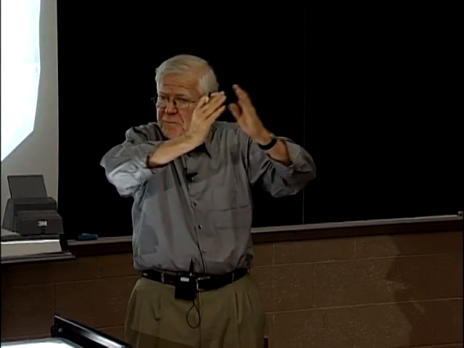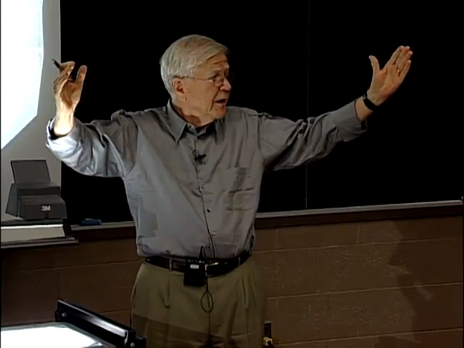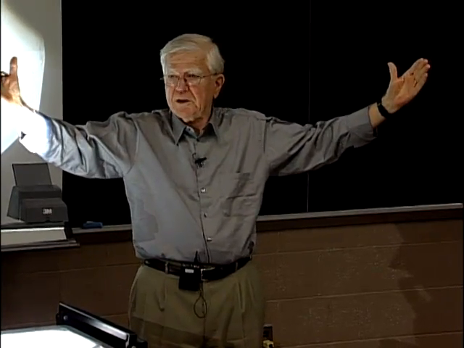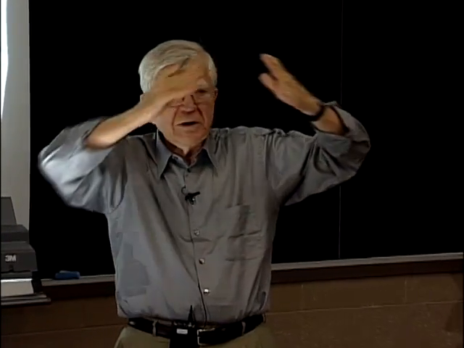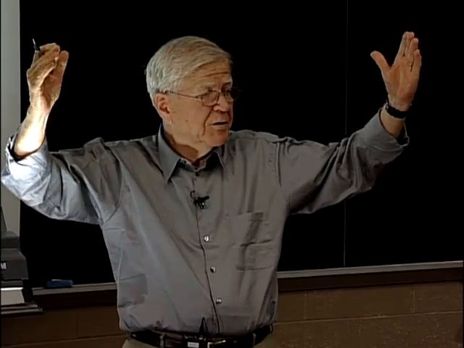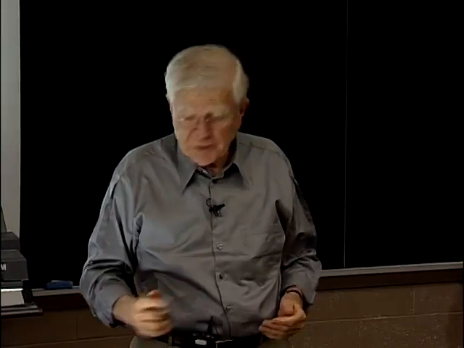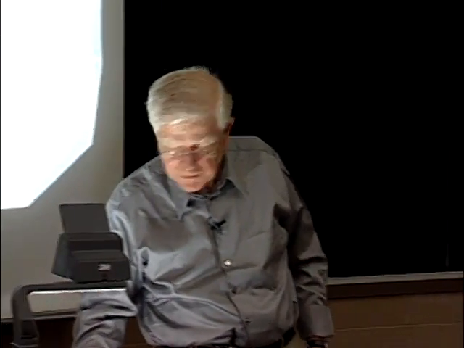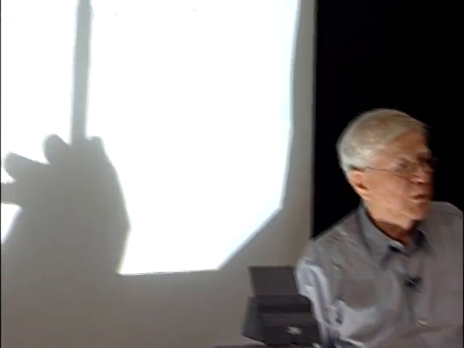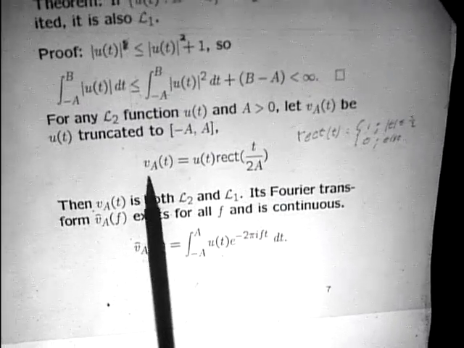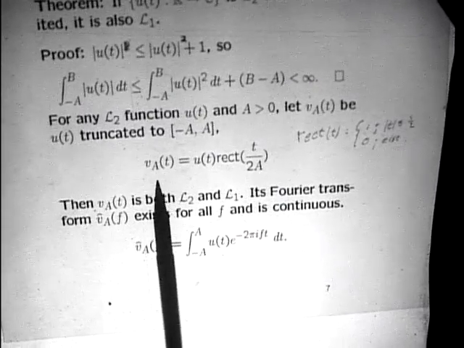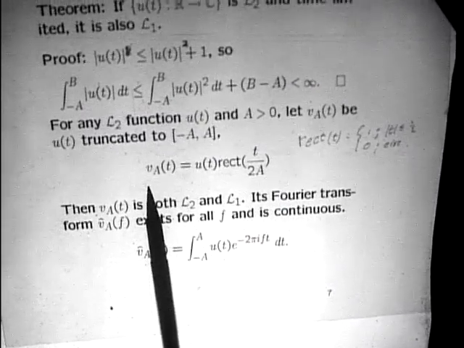What happens is, as minus a to plus a gets bigger and bigger, you're including more and more of the function, so that the integral of u of t squared over that bigger and bigger interval has to be getting closer and closer to the overall integral, which says that the energy in u of t minus v sub a of t has to get very, very small as a gets large.